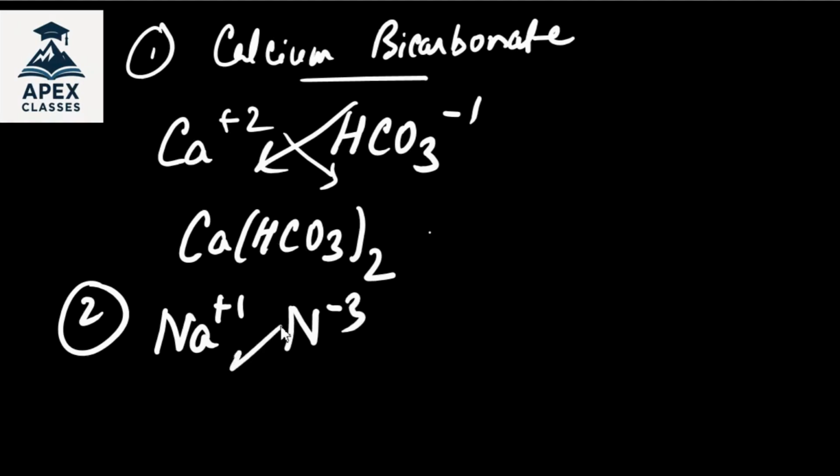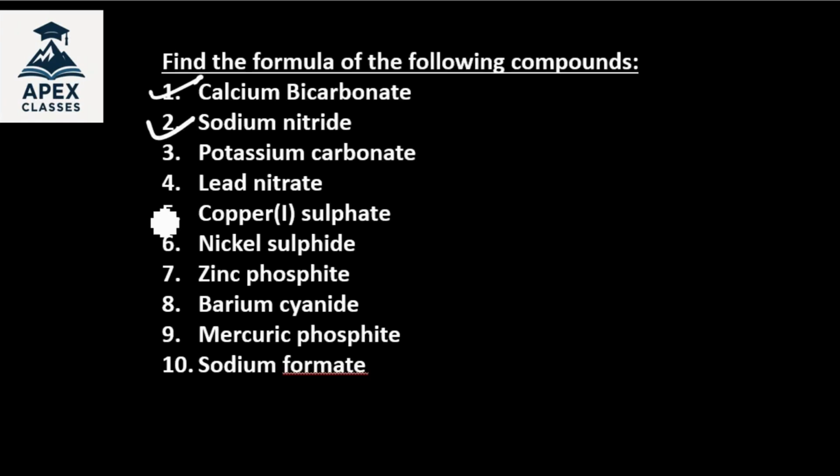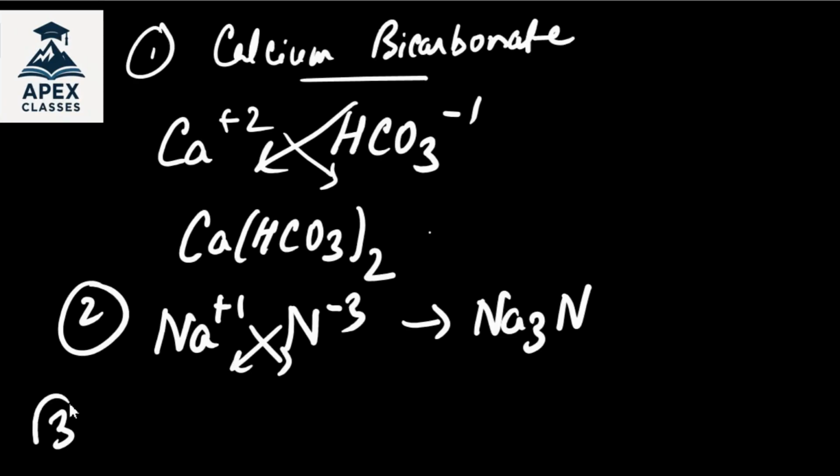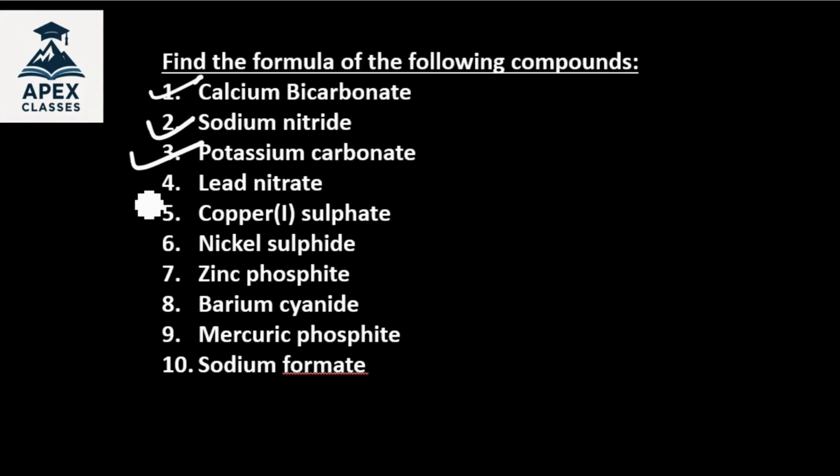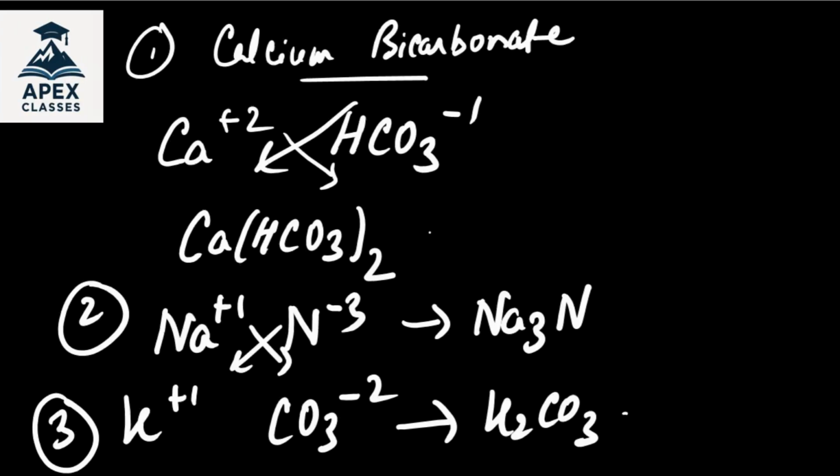Crisscross, so it is coming out as Na3N. Next question, potassium carbonate. Potassium is K plus 1 and CO3 is minus 2. So it will be K2CO3.